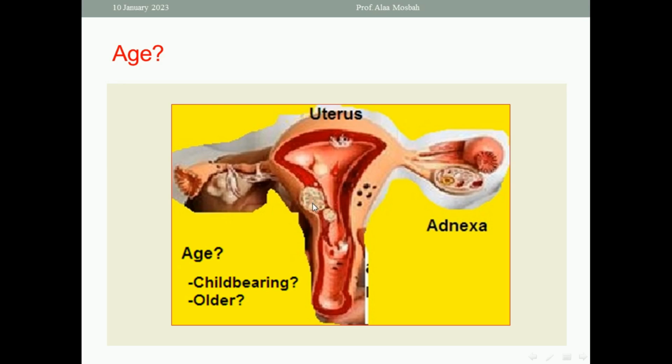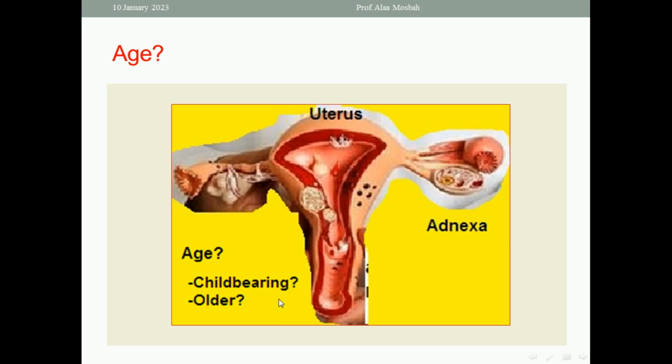So the childbearing age is associated with uterine mass, while the older age, like malignant ovarian tumor, is with advanced age. So uterine mass is more common in childbearing age, while ovarian tumor malignancy occurs more in older age.